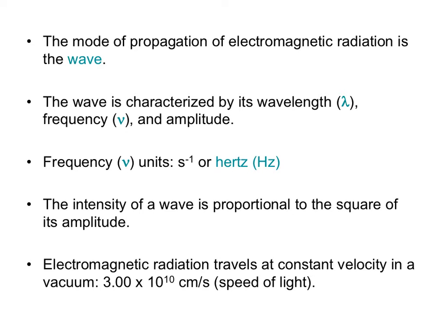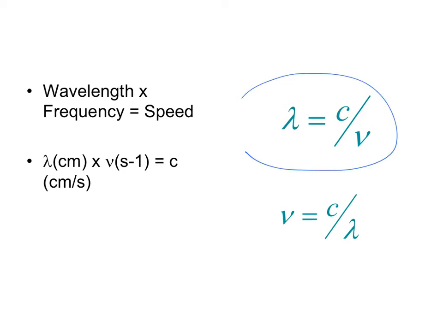All right. So I just gave you this generic formula that lambda times nu is equal to c, the velocity of light, and that happens to be a constant having a value 3 times 10 to the power of 8 meters per second.